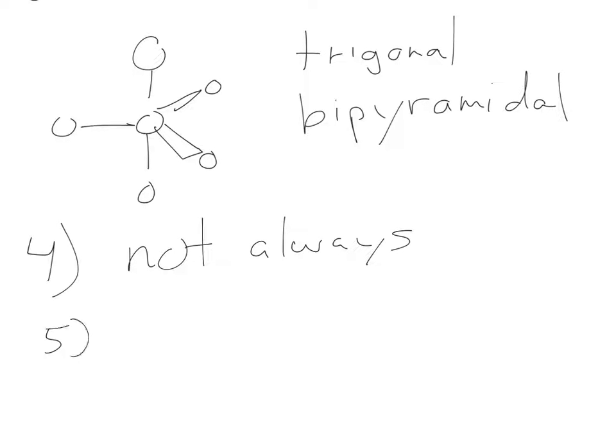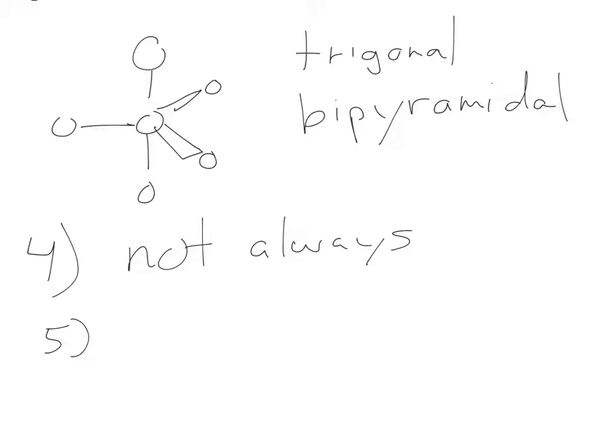Let's go to number 5. Circle the correct word to complete each sentence. Nonpolar molecules never, may, always contain polar bonds. If I look at my nonpolar molecules, the trigonal planar one only has nonpolar bonds. The linear molecule in the top right of the nonpolar section only has polar bonds. That's interesting.